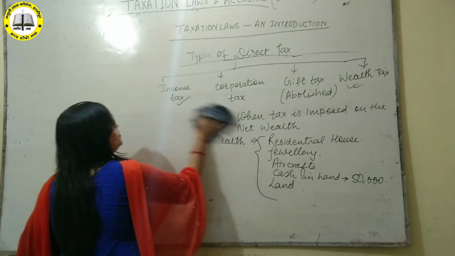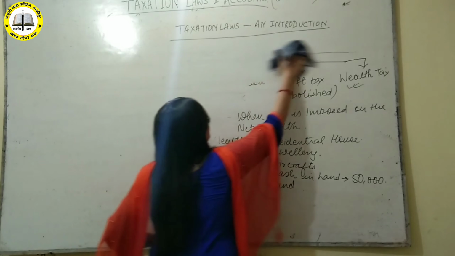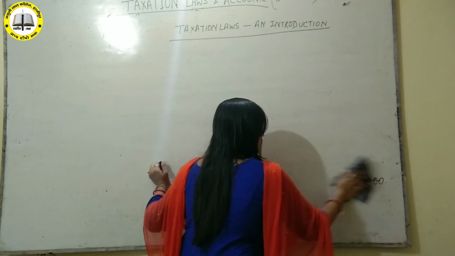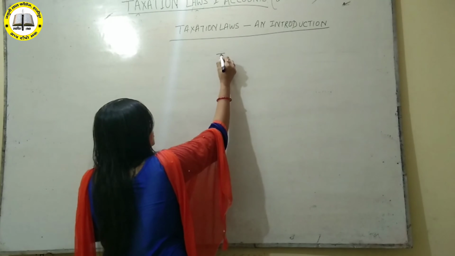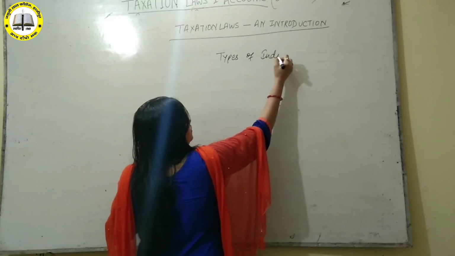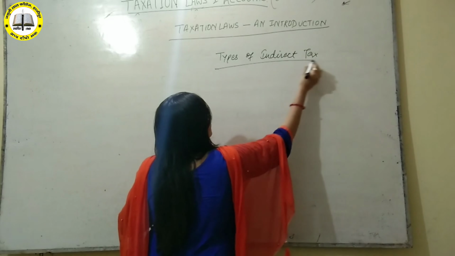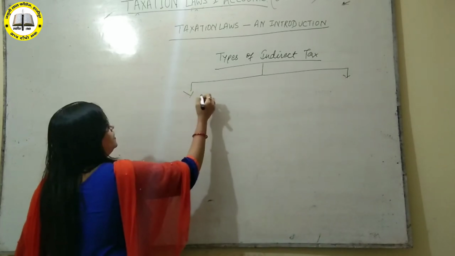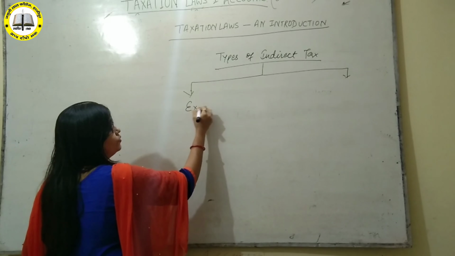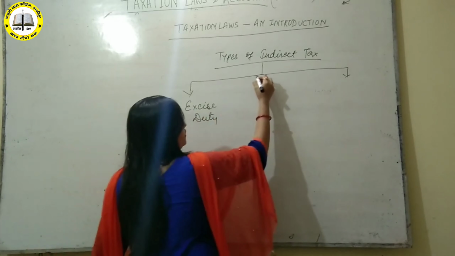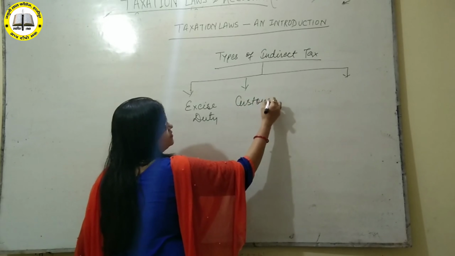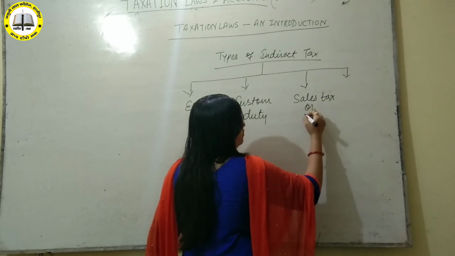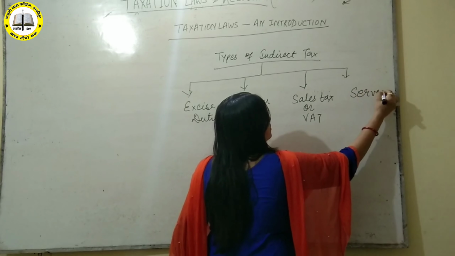Now coming to the examples of indirect tax. Types of indirect tax: well, indirect tax can be categorized into four parts: excise duty, next is custom duty, next is sales tax or VAT, next is service tax.